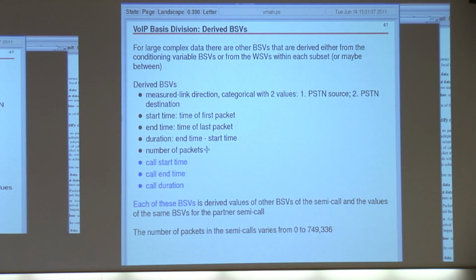No, my point is I have the time of the first packet and the time of the last packet. If I want the duration of the call, which is end time minus start time, I could take the time of the last packet and subtract from it the time of the first packet to get the duration.